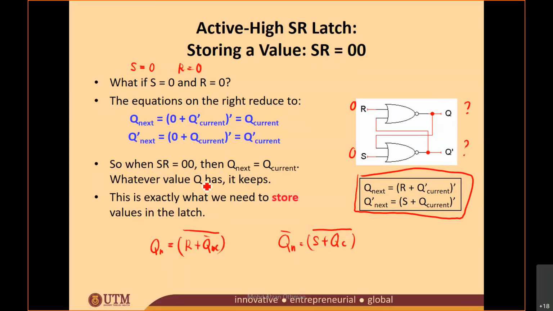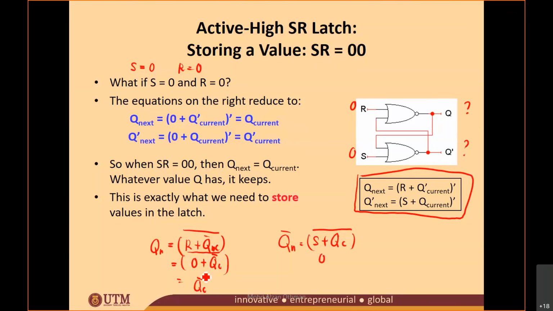Sekarang ni R dengan S is 0, so you masukkan dalam persamaan, kosong, this one also kosong. When kosong tambah dengan Q current bar, kamu akan dapat Q current bar.